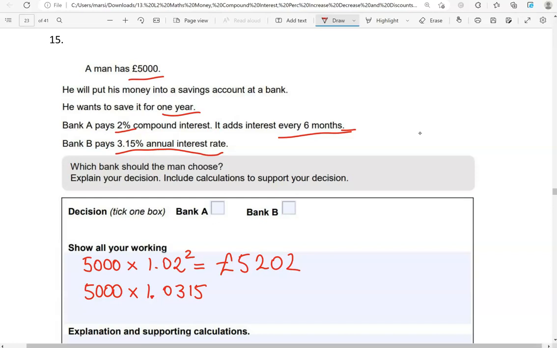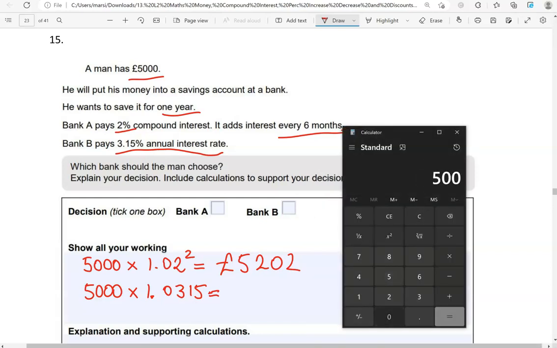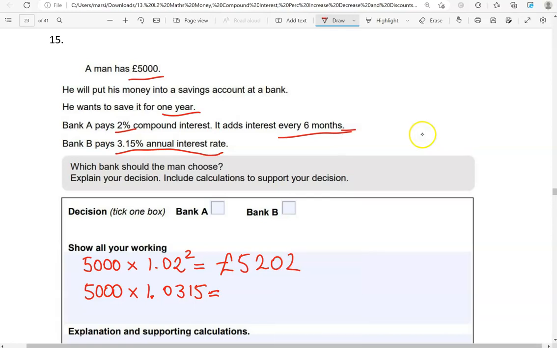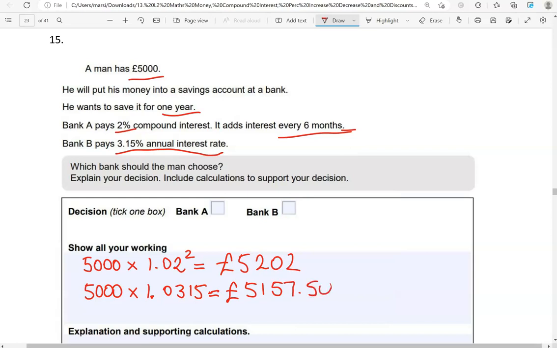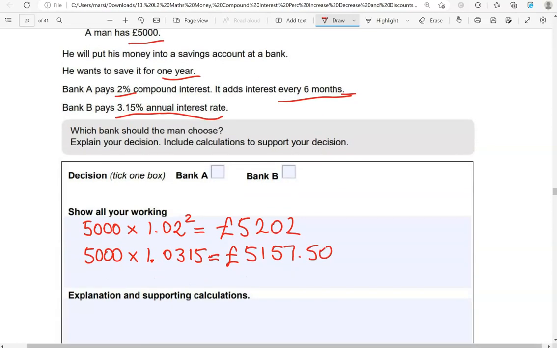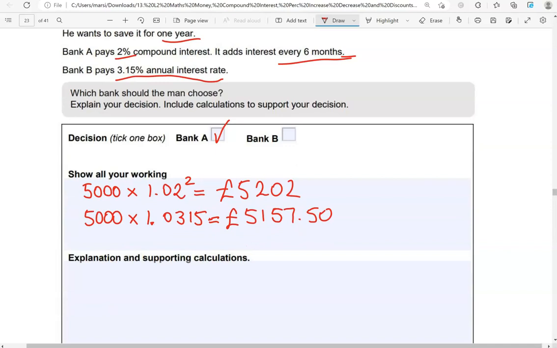To the power of 1 means the number itself, so we can just leave it like that and do 5,000 times 1.0315, which is 5,157.5. So which bank should the man choose? Should be Bank A, because it offers better value for money.